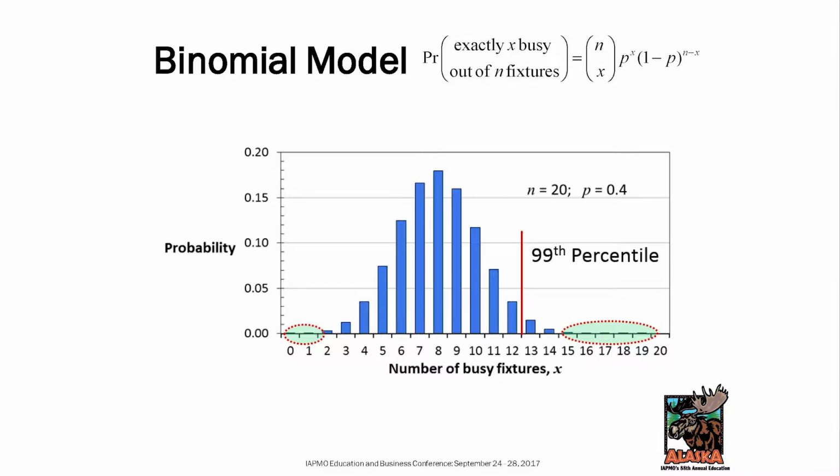For example, if you had 20 fixtures of the same kind and the probability or frequency of fixture use is 0.4, then this is the binomial distribution. The 99th percentile would show that there are 13 fixtures out of 20 that would flow simultaneously, and there's only a 1% chance that 14 would flow at the same time.